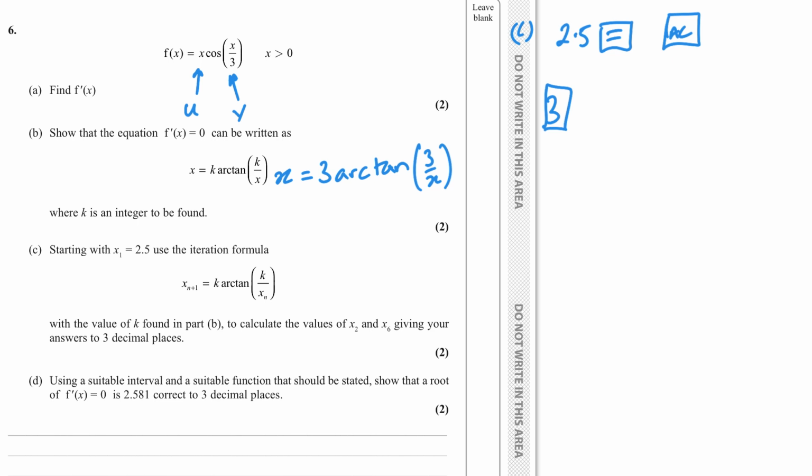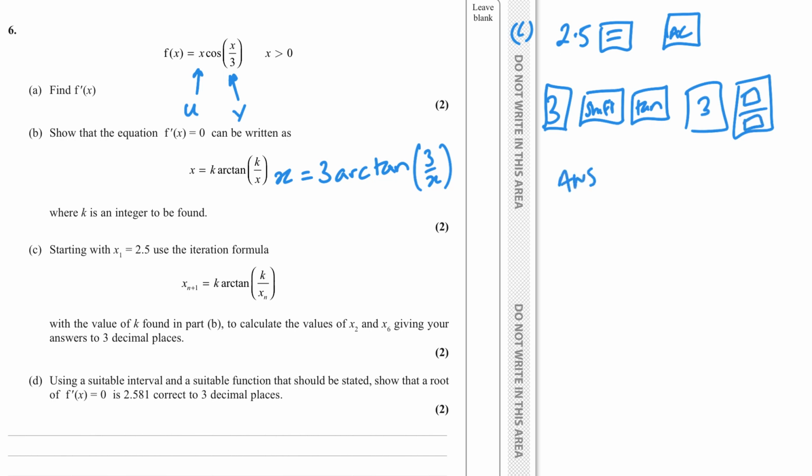And then for the arctan I need to do shift tan. And then I want to put 3 over answer. So in mine I'm just doing 3 in this fraction button, and then answer on the bottom, and then I'm going to press across and close my brackets.